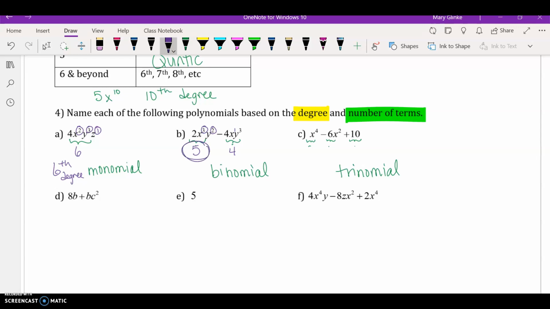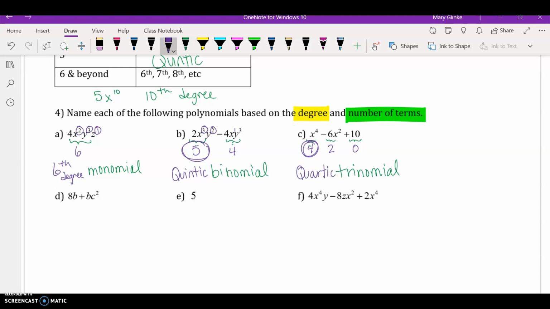So the highest number I see here is 5, so this is a quintic. For my next one, I have 4 variables, then 2 variables, then 0 variables. And for each of those, my highest degree is 4, which makes this a quartic.